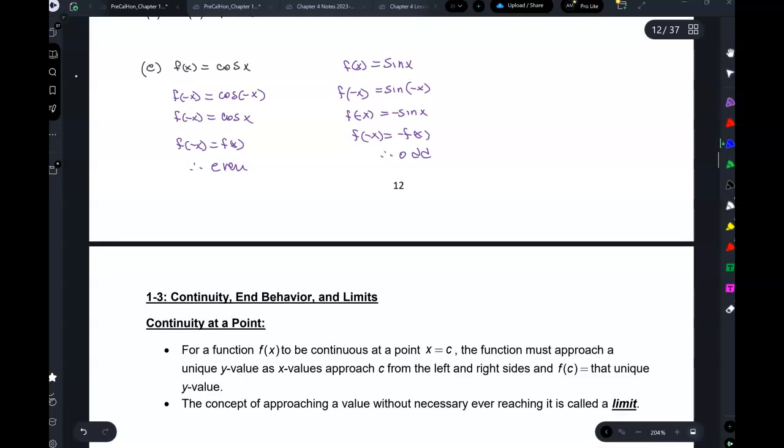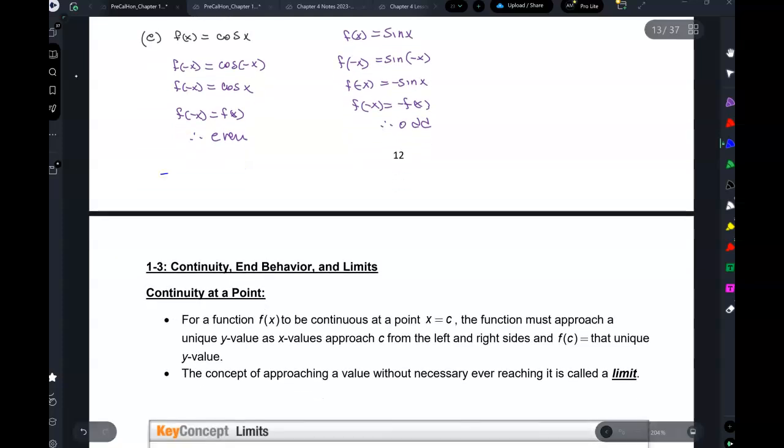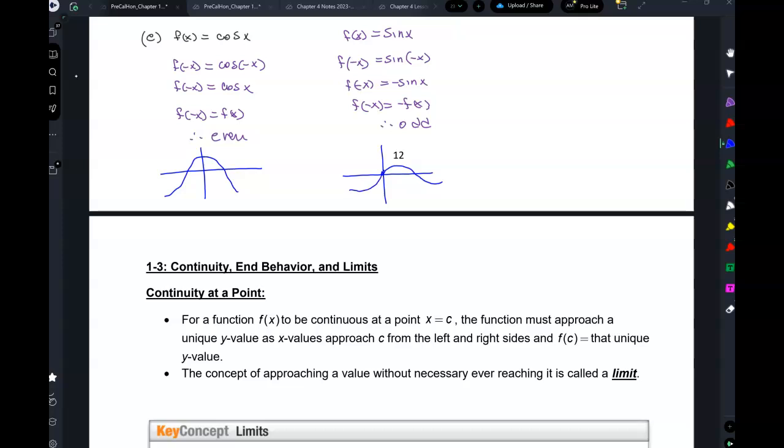Now look. Let's graph cosine. Is it or is it not symmetric with respect to the y-axis? That's an even function. Let's graph sine of x. It's symmetric with respect to the origin, right?